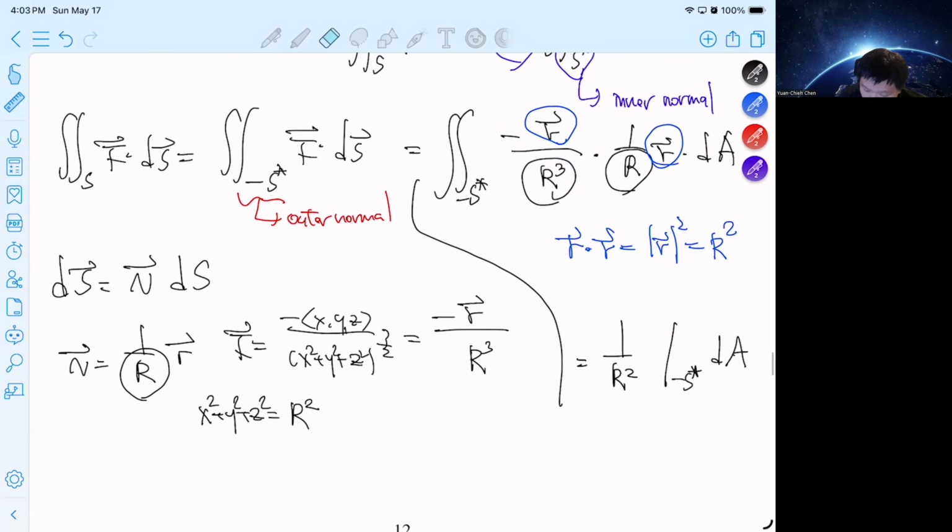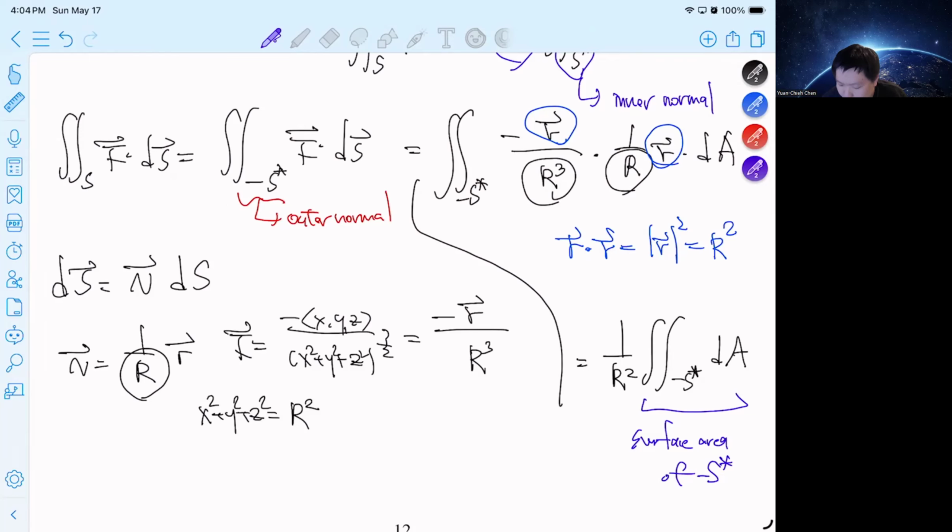Remember, the integral of dA over S star is just the surface area of S star. Negative S star and S star share the same surface area, so we don't have to care about the normal orientation now. It's purely a surface matter.